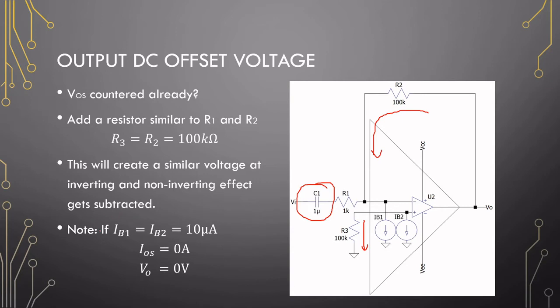Okay, so note also if IB1 and IB2 are exactly the same size, then the output offset will be at 0. Okay, so just if they were perfect, this will be 0 when you apply this resistor right here. If not, you will still see the offset. Okay, let's jump to a simulation of this.